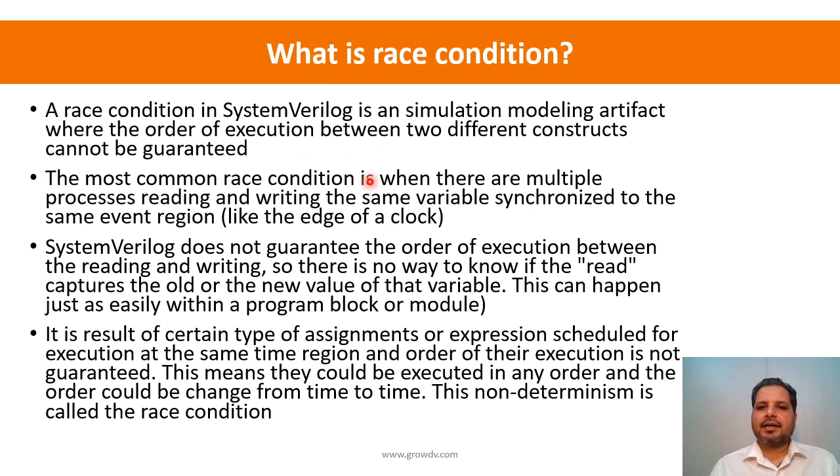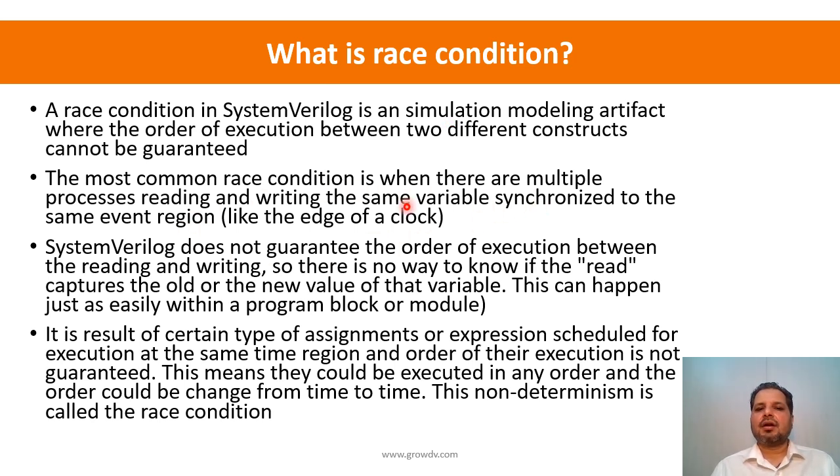So let's understand this race condition. Race condition is actually a modeling artifact, right? In real hardware, the race condition doesn't exist. It exists in the simulation world because we are modeling the real hardware using an algorithm. That is why the race condition comes into the picture.